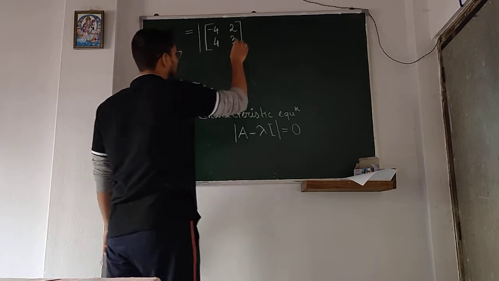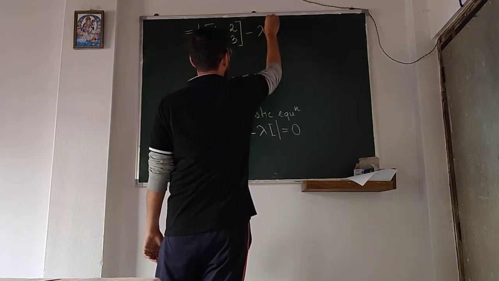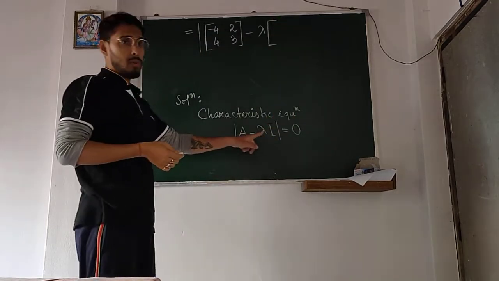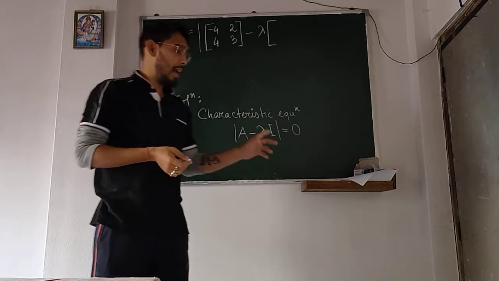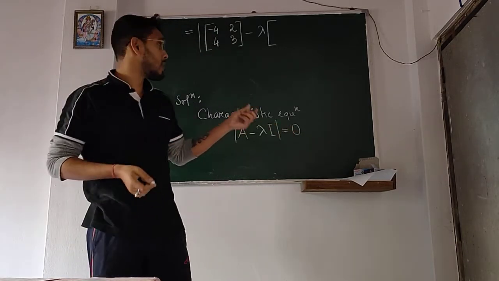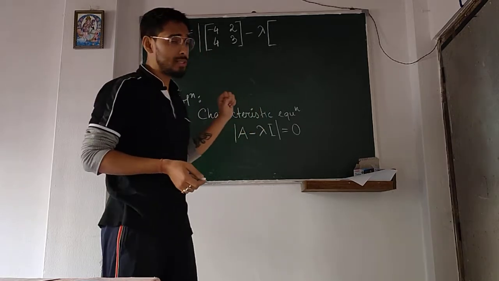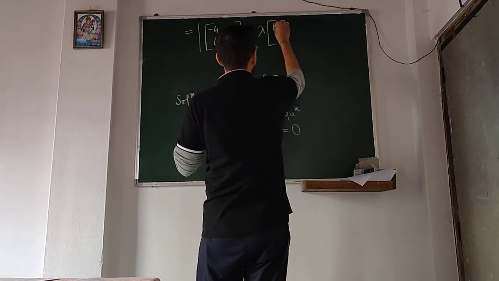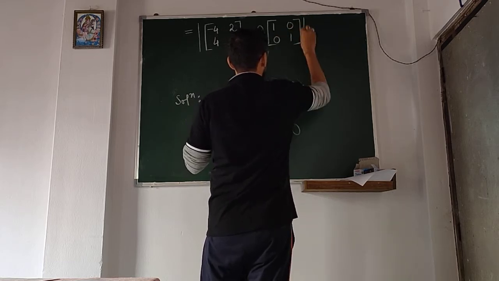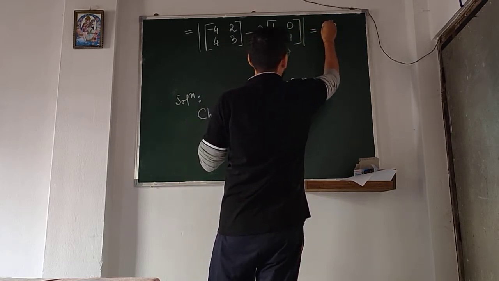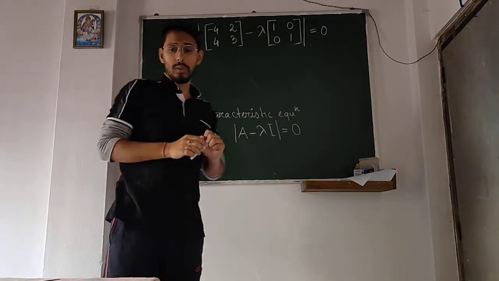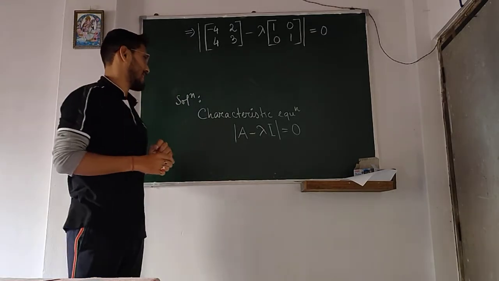This is A minus lambda I. Now see, what is I? I is a unit matrix and I totally depends on the row and column format of the matrix, and this is a 2 cross 2, so I will be [1, 0; 0, 1]. And the determinant of the total will give you 0. This is the format, right? So this is the format to find out the eigenvalue or vector.